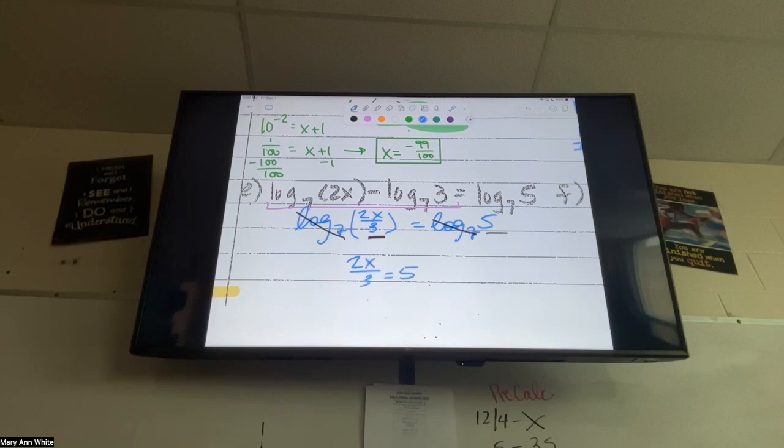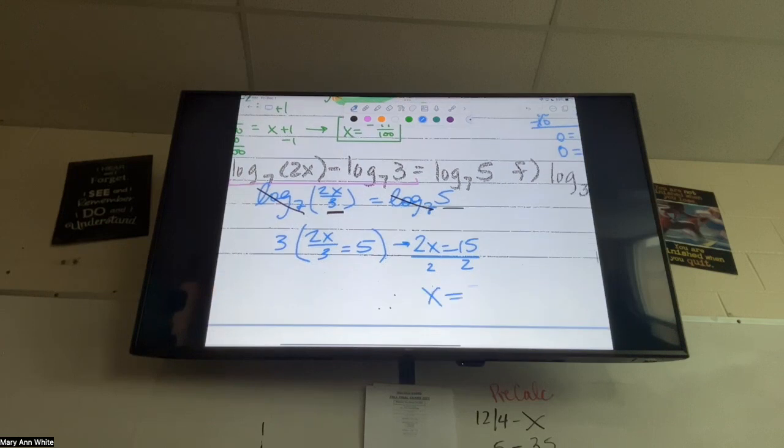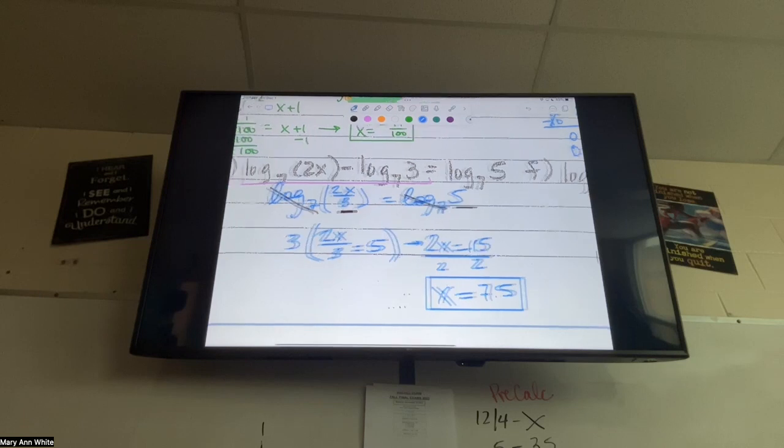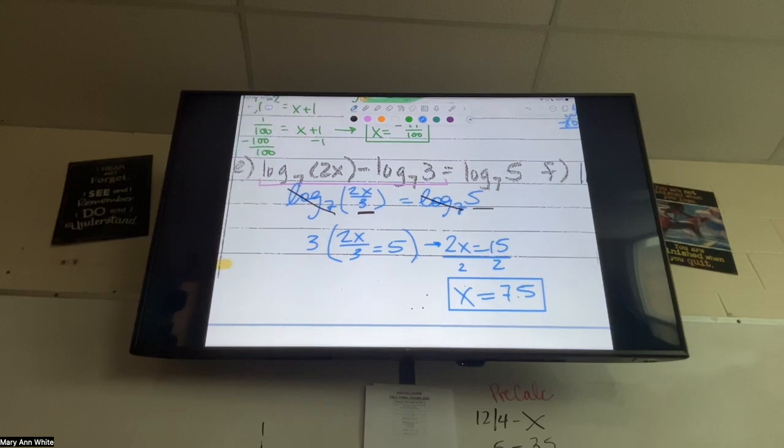And we're just gonna solve that. Multiply by 3 on both sides. We get 2x equals 15, and then divide by 2 and x equals 7.5. The log only goes away because I have 2 of them. Together they cancel. If you just have 1, you have to do your log roll, but 2 of them cancel.